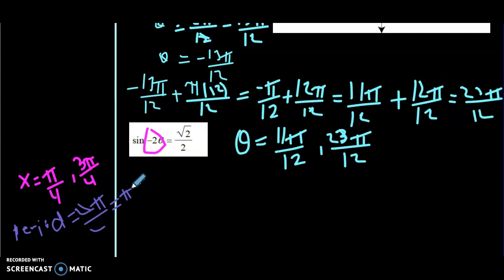So now we set up our x: negative 2 theta equals pi over 4, and negative 2 theta equals 3 pi over 4, and we divide by negative 2. This part, just do it on your calculator.